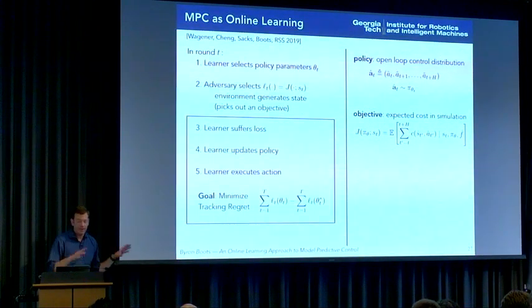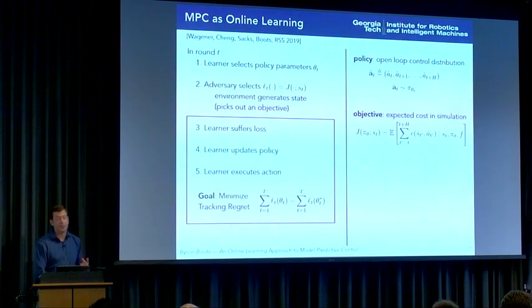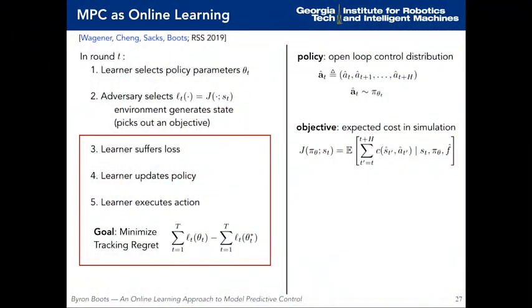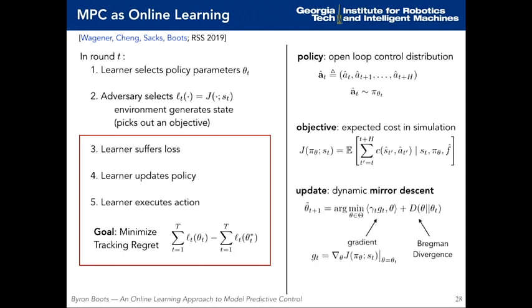Okay, so then from the online learning perspective, next we want to update the parameters of our policy based on the loss. And our goal is to try to do something like minimize tracking regret, although for those of you who are more theoretically minded, we're not going to prove anything about that. Okay. So to accomplish this, we're going to use dynamic mirror descent, which I mentioned a little bit earlier, which is designed to minimize tracking regret.